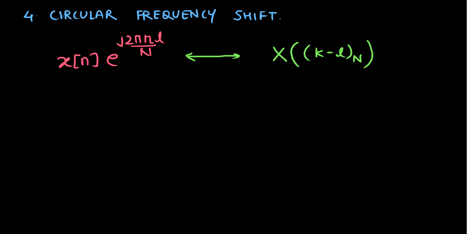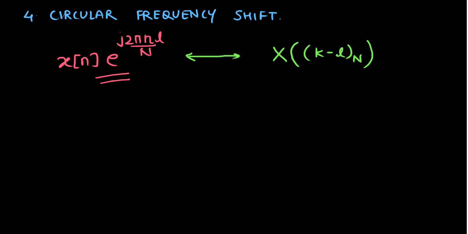And this can be proved in a similar way as we have considered the circular shift in the time domain. So when we have a circular shift in the frequency domain, we are again going to get back a complex exponential scaling in the time domain, and we are again going to have this factor of L but with a positive sign.